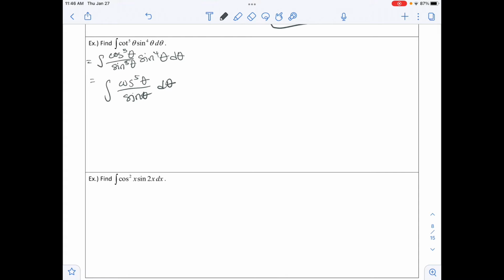And so I have a single sine, which is nice, but I need to rewrite my cosines in terms of those even powers so I can use that Pythagorean identity.